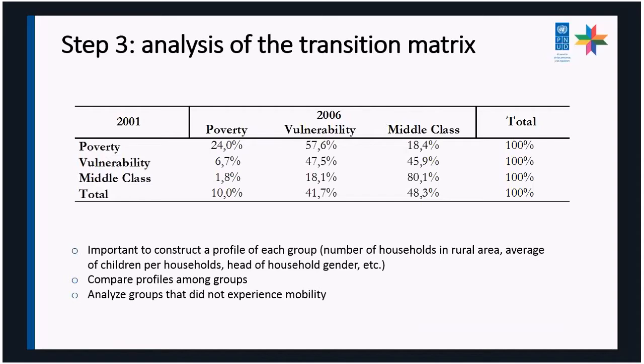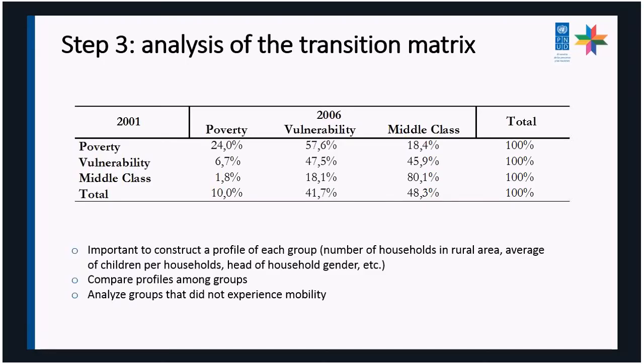The number of households in rural areas, the average number of children per household, the gender of the head of household, for example. You know that in your database you have a lot of rich information about households, and it's very simple to construct some profiles to understand the composition and characteristics of each household in the transition matrix.